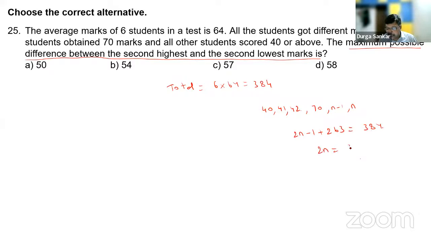So 2n is equal to 384 minus 262, which will give us 122. So 2n... 123. We have to subtract the marks.